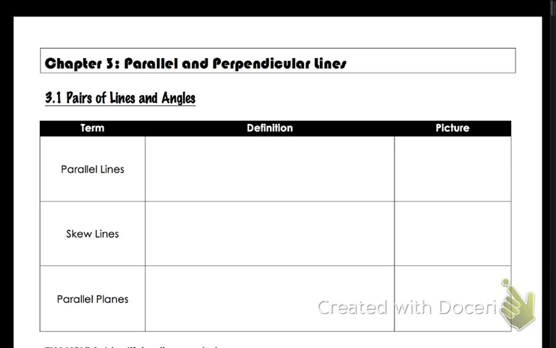So, Chapter 3 is all about parallel and perpendicular lines and the relationships between those different items. Parallel lines are lines in the same plane, and it's important that they're in the same plane, that never intersect.